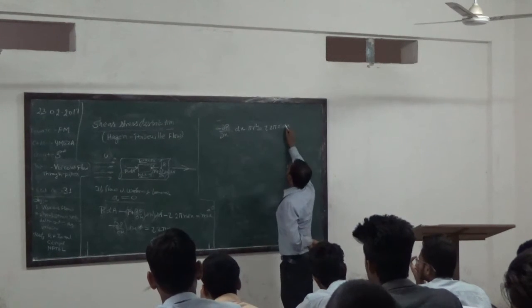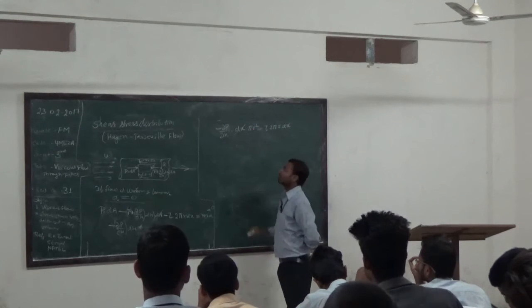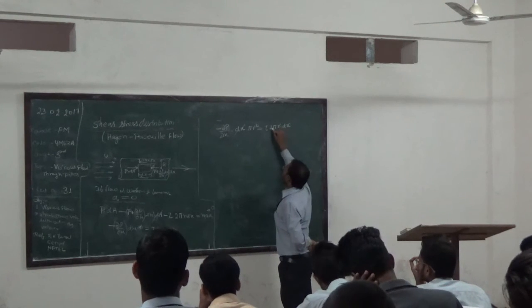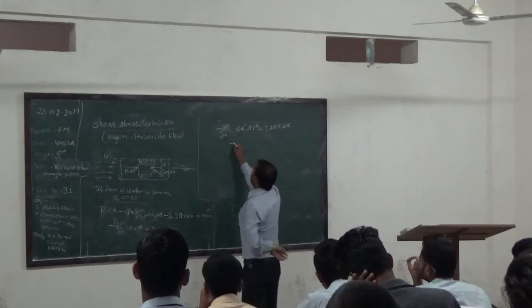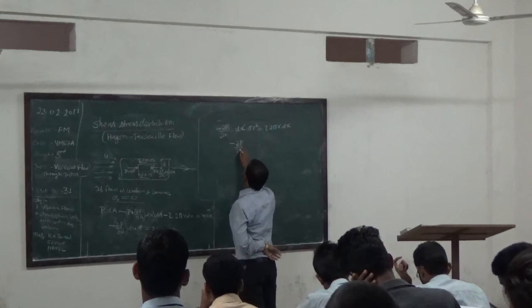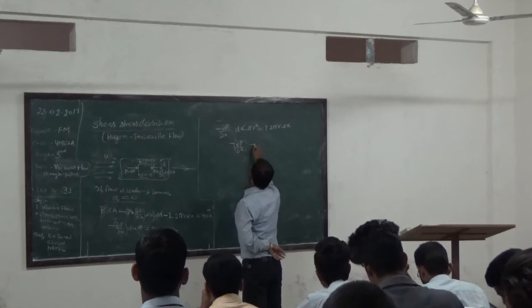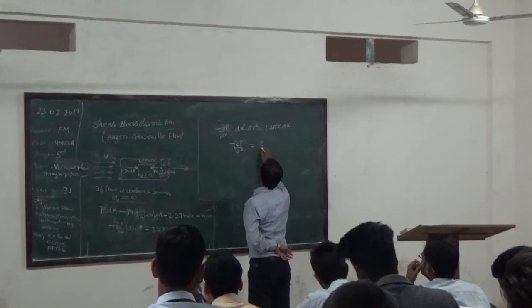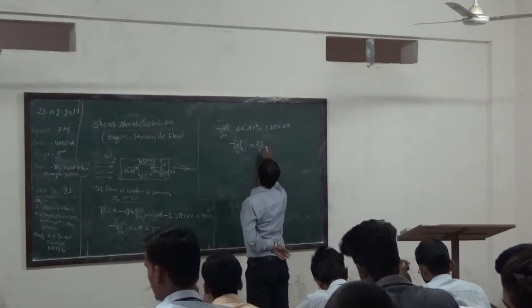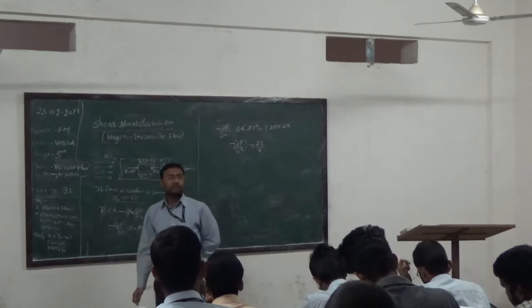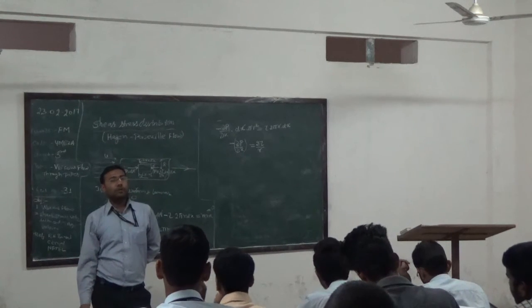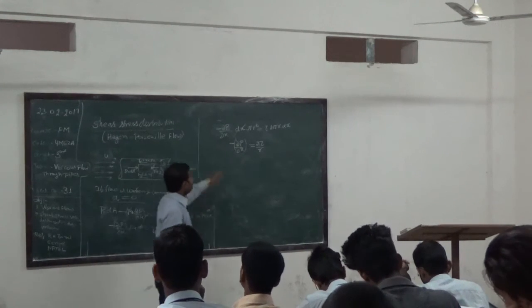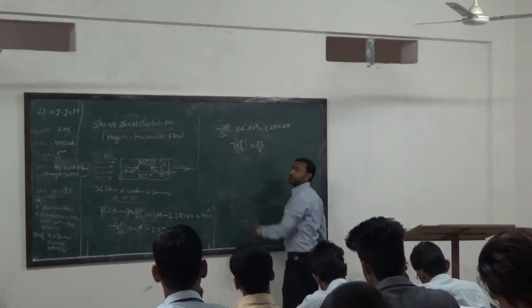Okay, so dx cancels out, r cancels out, pi cancels out. The remaining equation will be minus dP by dx is equal to 2 tau upon r. This is the pressure gradient.